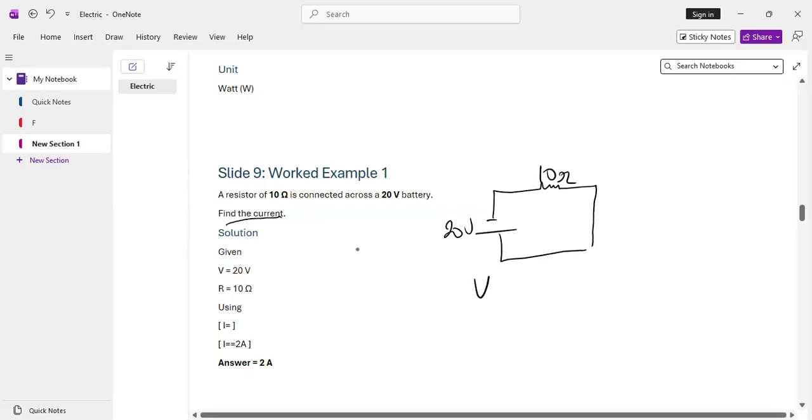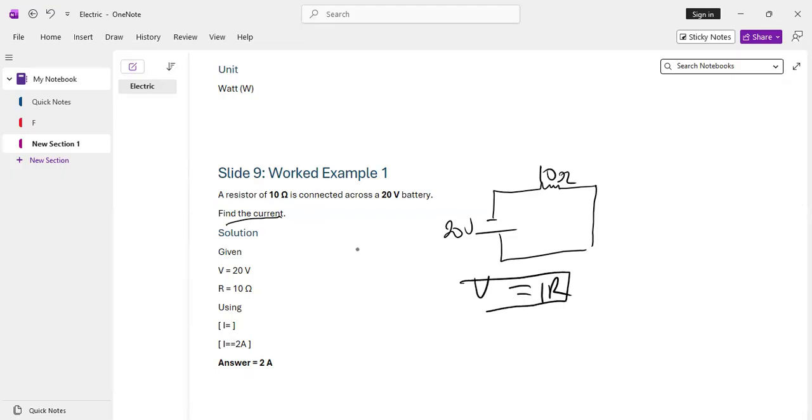Remember that V is equal to IR, according to Ohm's law, right? So taking this, V is 20, R is 10.